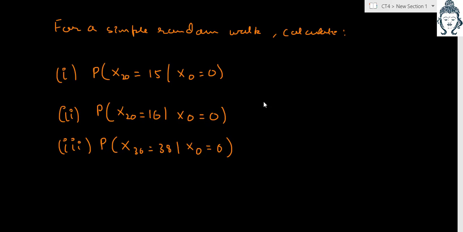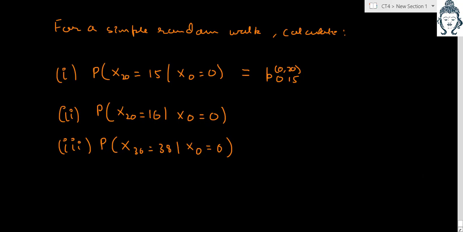So let's try to calculate all these probabilities. The first one is the probability that x20 is equal to 15 given that x0 was equal to 0. This can be represented as p 0 20. Now I want 15, so 0 to 15 from time 0 to 20.